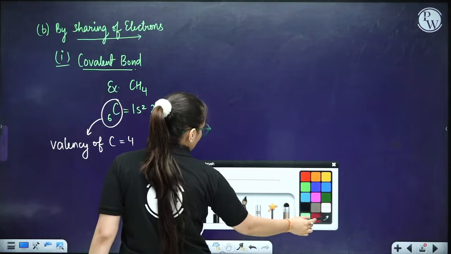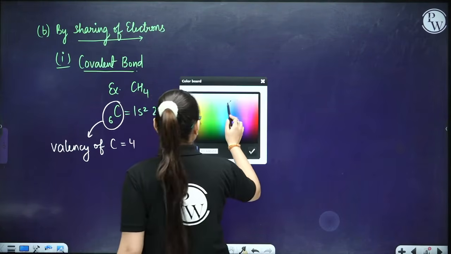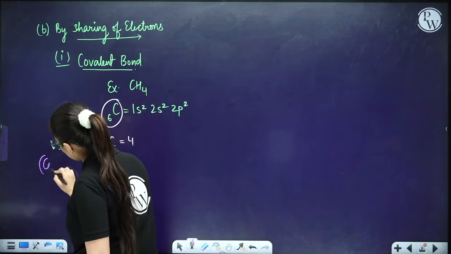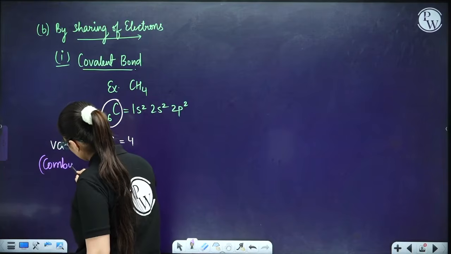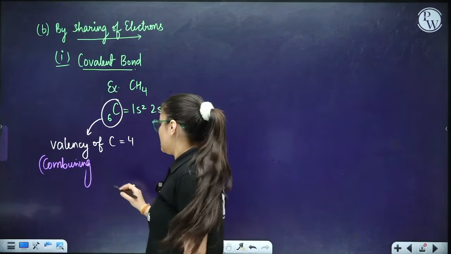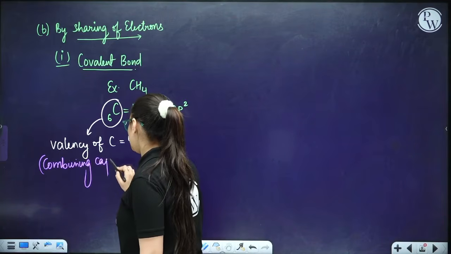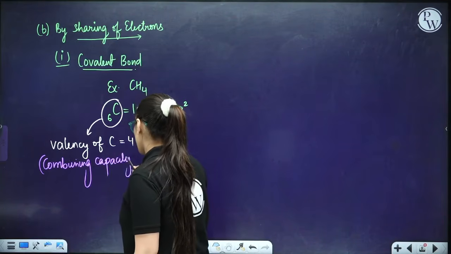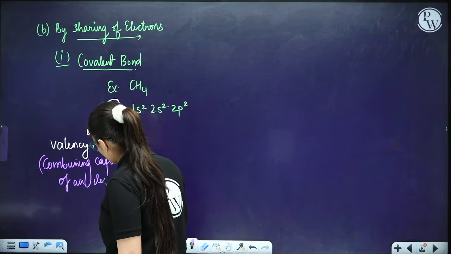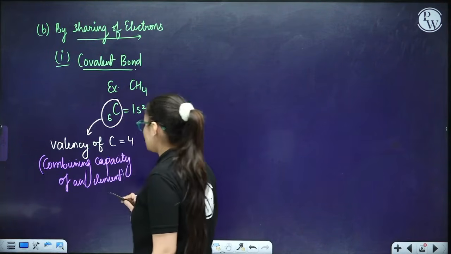Valency was basically the combining capacity of any element. That means it can combine with 4 hydrogens.